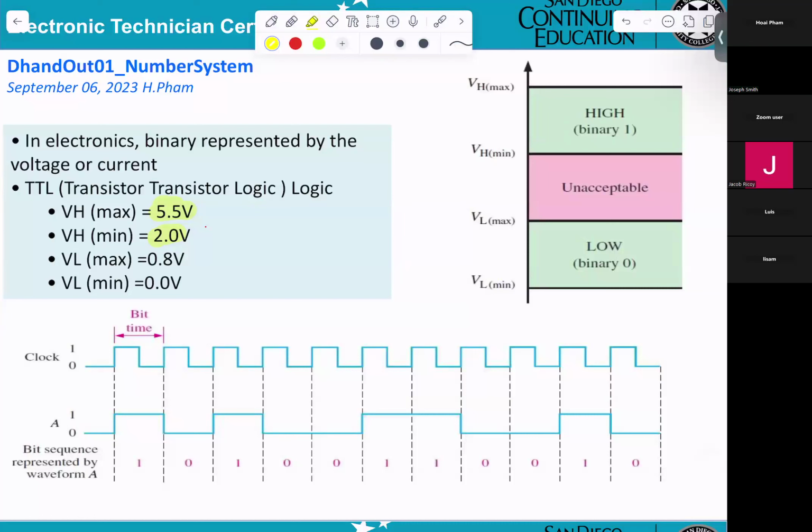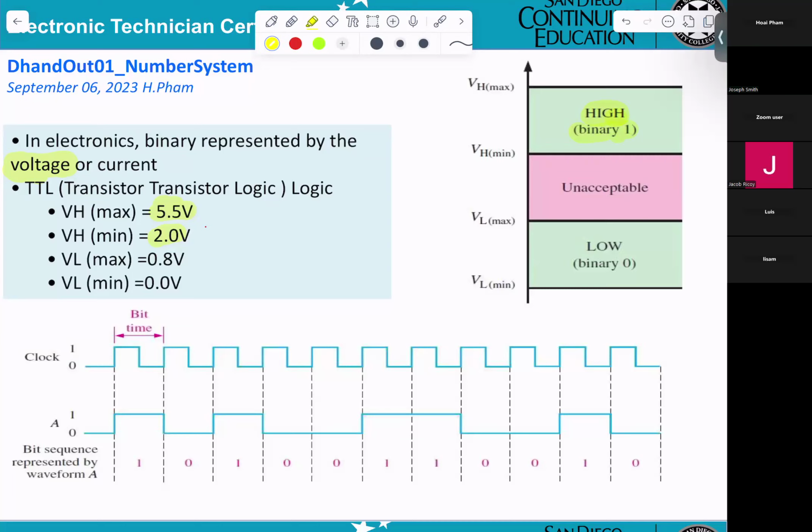In electronics, binary is represented by voltage or current, but we do not deal with the current. We deal with the voltage. And if you're looking in here, okay, they have VIH, that means voltage input high, minimum and maximum. That's what they call high, and that's for binary 1.